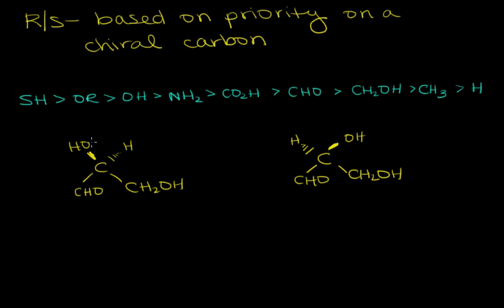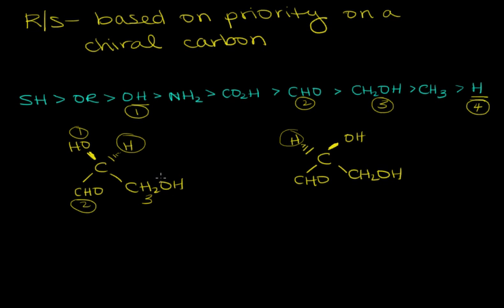So the lowest priority is almost always H, so put that towards the back. So that's what this line means, going away. Then you order the rest based on the priorities shown here. So this hydroxyl group is going to be priority 1, followed by CHO as priority 2, followed by CH2OH as priority 3. So we've got 1, 2, 3, and this hydrogen's the lowest priority, priority 4.